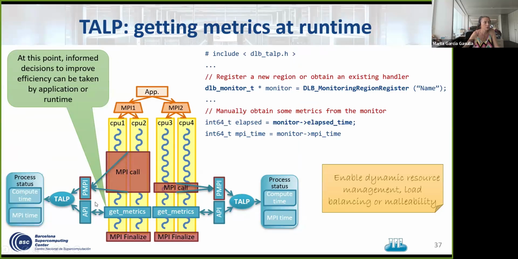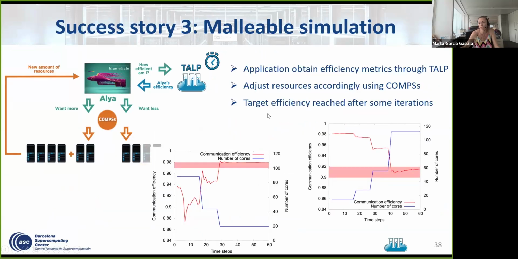We have the application, the MPI calls are intercepted, and TALP gathers its metrics, but we have an additional API that is used to obtain the metrics. So the same way as before, we register the monitoring region, and then from this data structure, we can obtain the different metrics. This enables us to take decisions at runtime.